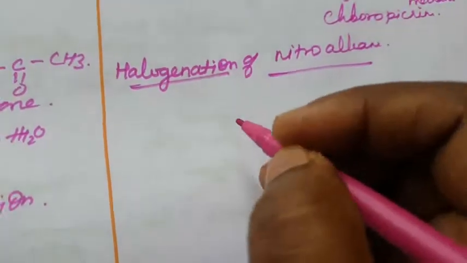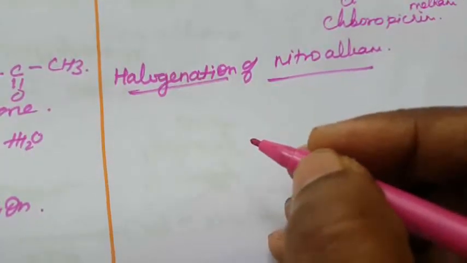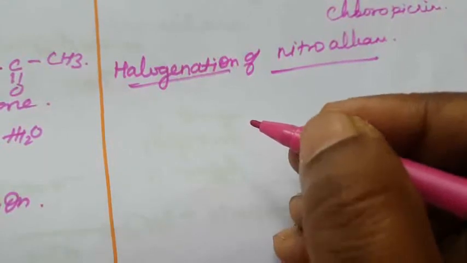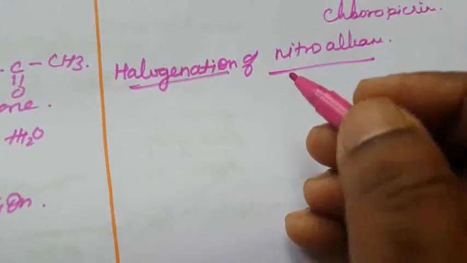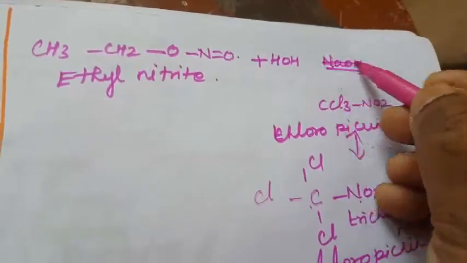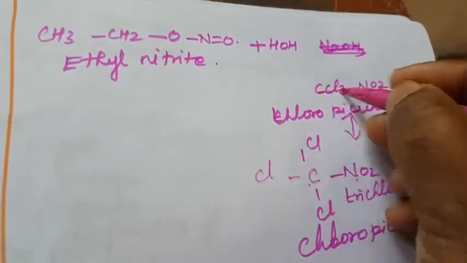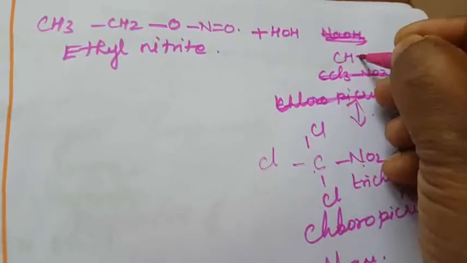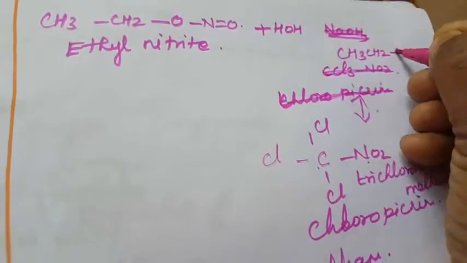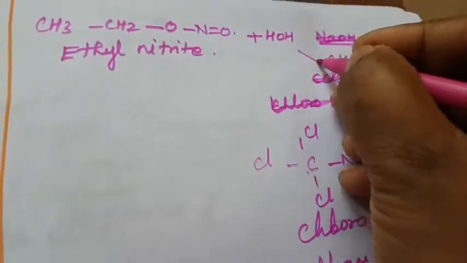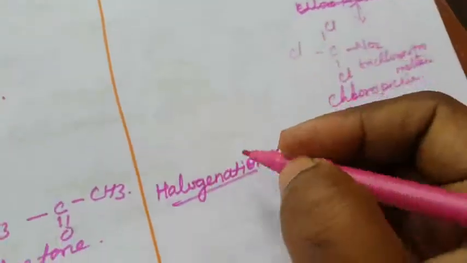So this will undergo hydrolysis in the presence of NaOH to form ethanol. Okay, CH3 CH2OH ethanol plus HNO2. This is another equation, halogenation, addition of halogen.